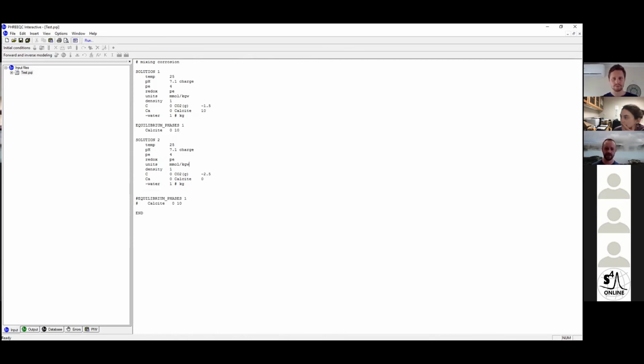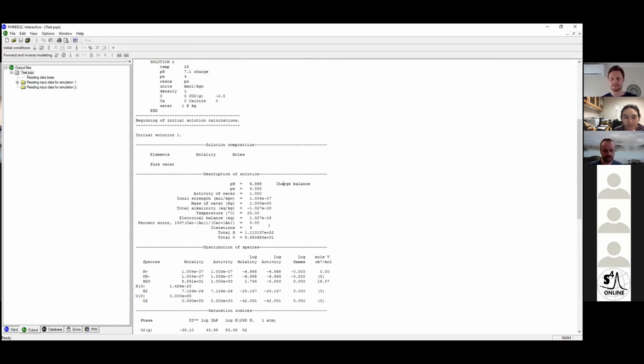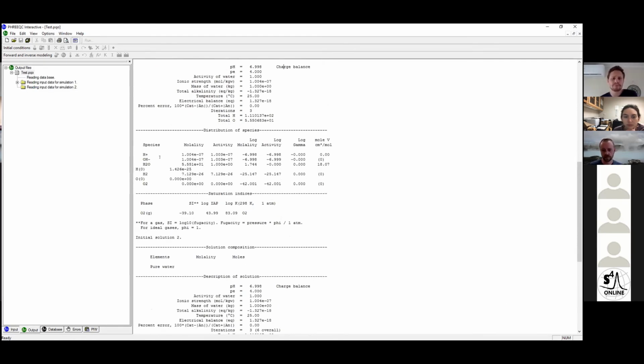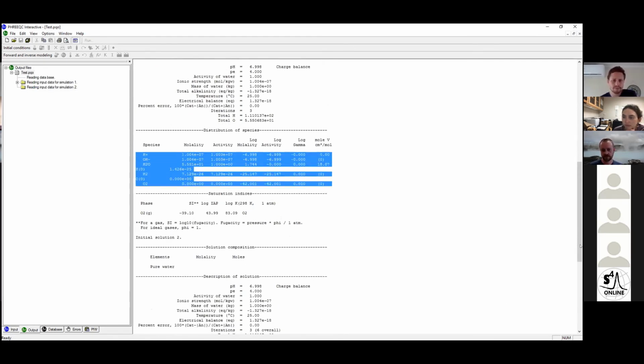So that number that falls after the calcite there is the amount of moles of calcite that's present that the water can interact with. So with a 0 in place, it's not surprising there's no calcium in the water. Which if we skip to the output, I haven't run the script again yet, you can see that in the water, all that's present is water and undissolved oxygen, that's all.